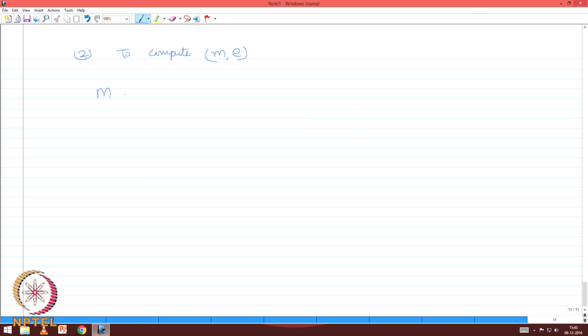We know M is given by the expression we derived in the last lecture, 1 minus R by A times B2 plus R2 B1 minus B2 by R2 minus R1 times natural logarithm of R2 by R1 minus B1 minus B2.